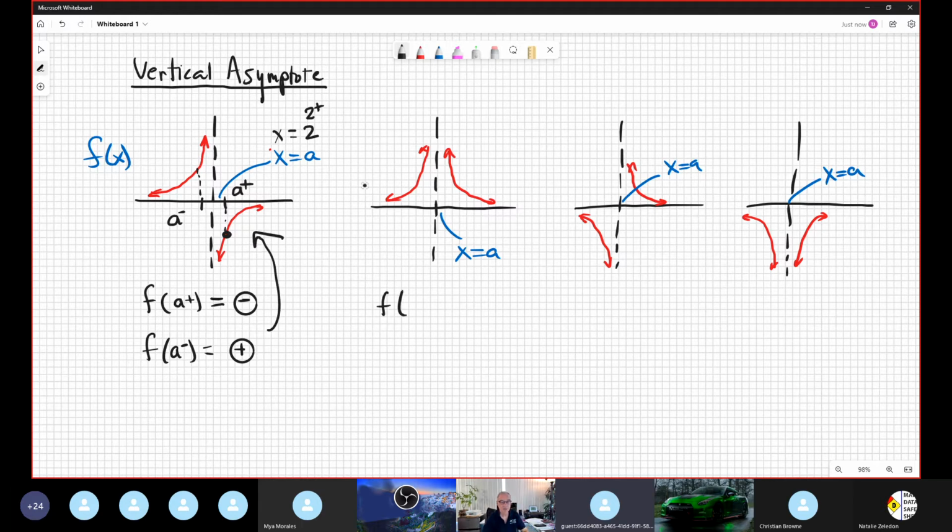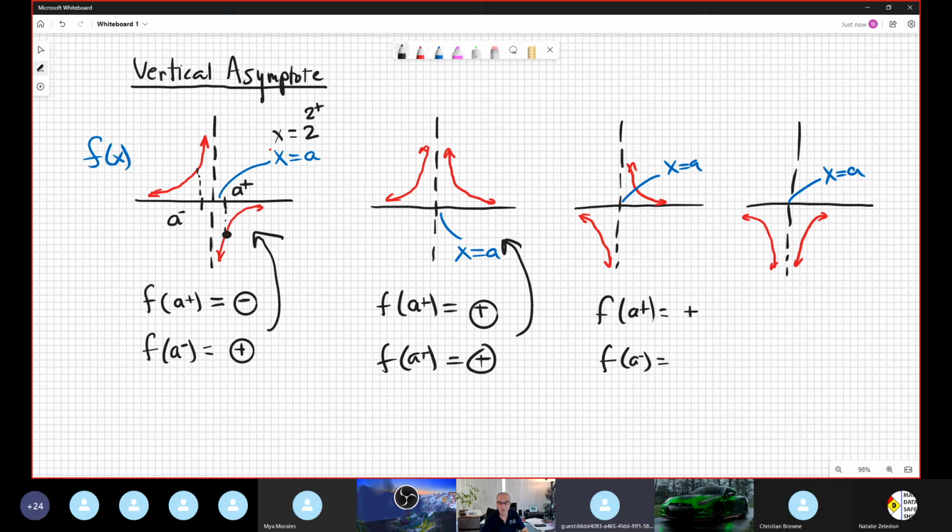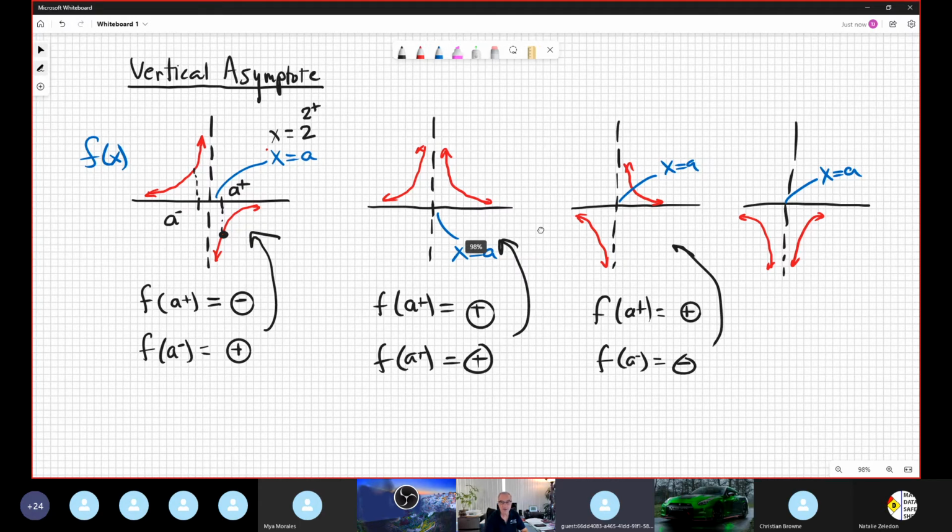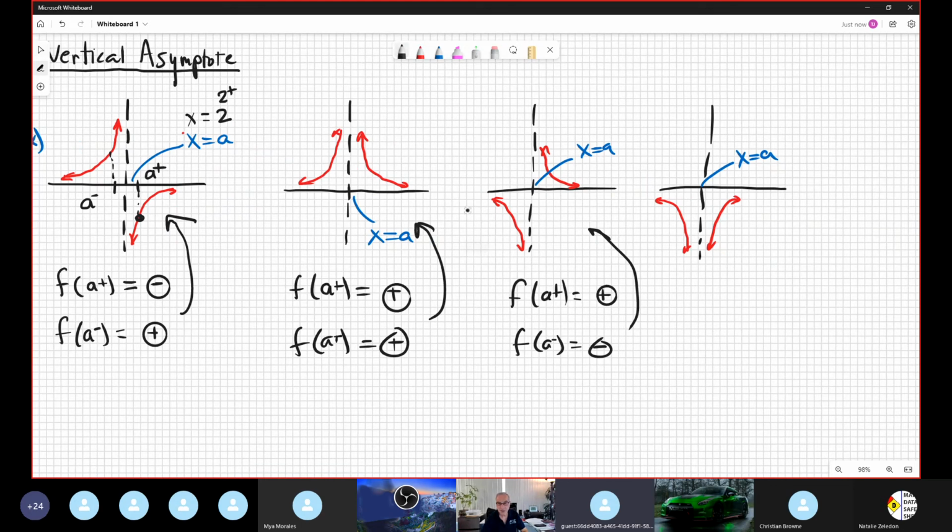If you evaluate before and after and both are positive, this is this behavior. If after is positive but before is negative, this is that behavior. And if both are negative, it's the last behavior.